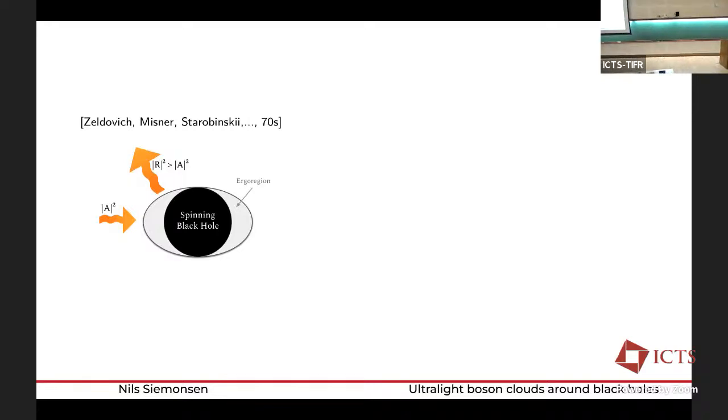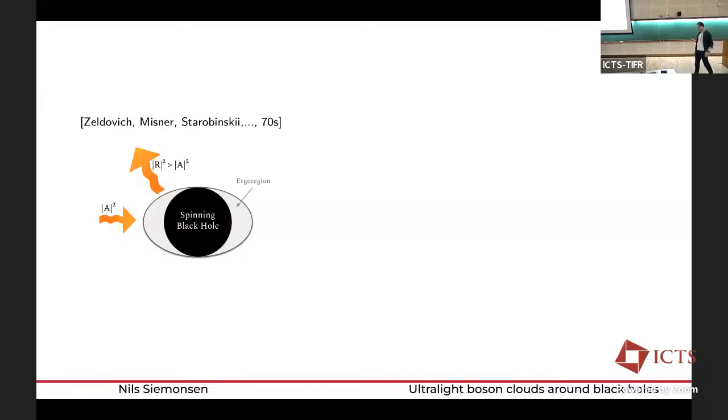In certain circumstances the reflected amplitude is larger than the incoming amplitude. That basically means you get out more energy than you put in, and they called this superradiance, because you, in essence, extract rotational energy from the black hole through its ergoregion.